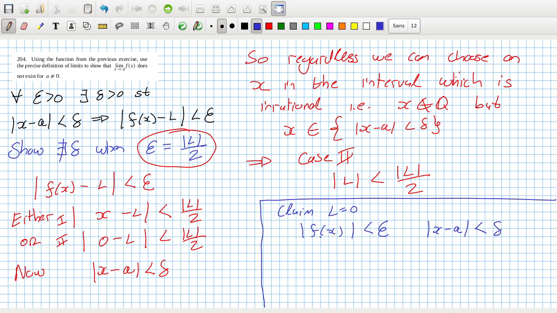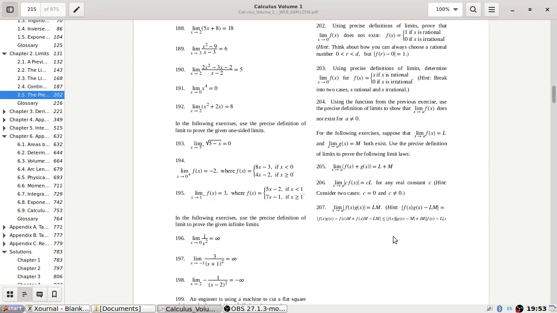So this could be 0 or x. So again, we'll just look at x not being in Q. Is that the one that gives us the irrational?